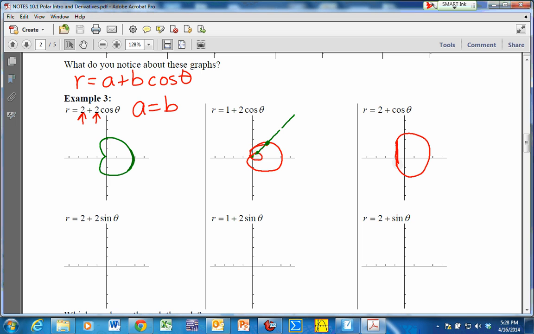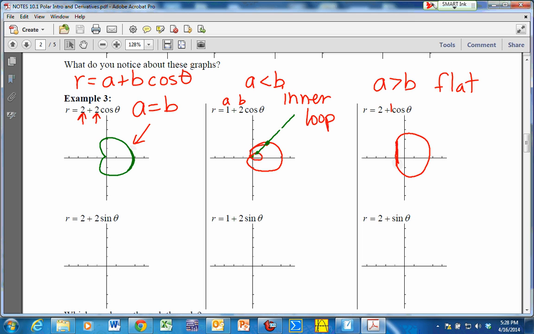So if a equals b, you're going to get your heart shape. Here we have a is less than b, and we got an inner loop. And then here we have a greater than b, and you had that one that is kind of flat.